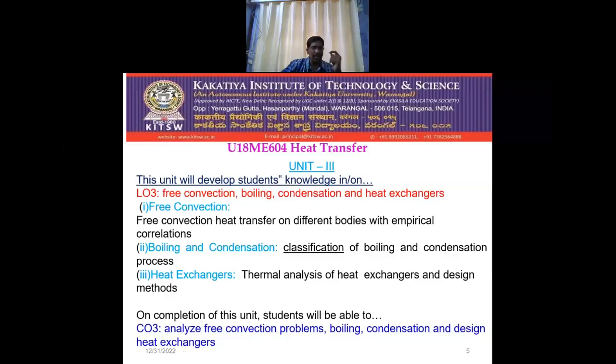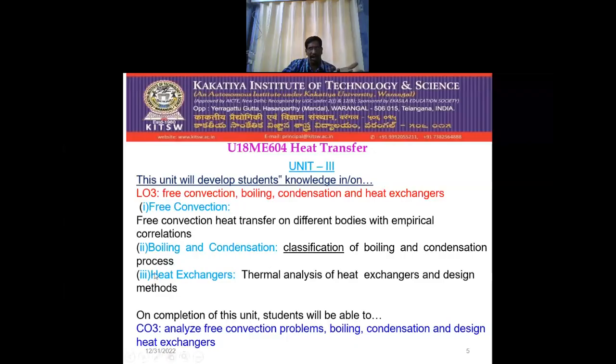In this particular unit, we are going to cover free convection, where the convection occurs naturally. That means the heat transfer takes place without any external agency.